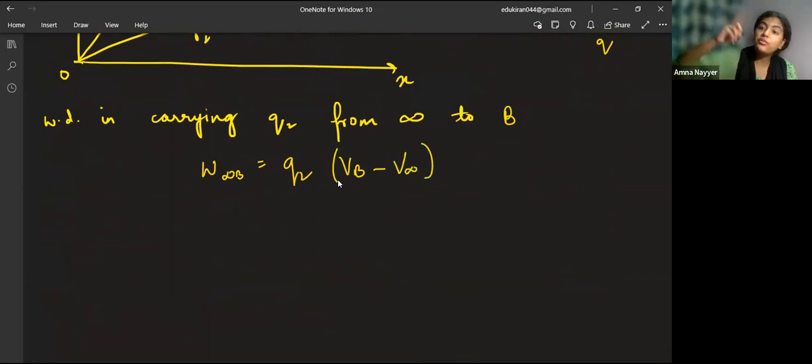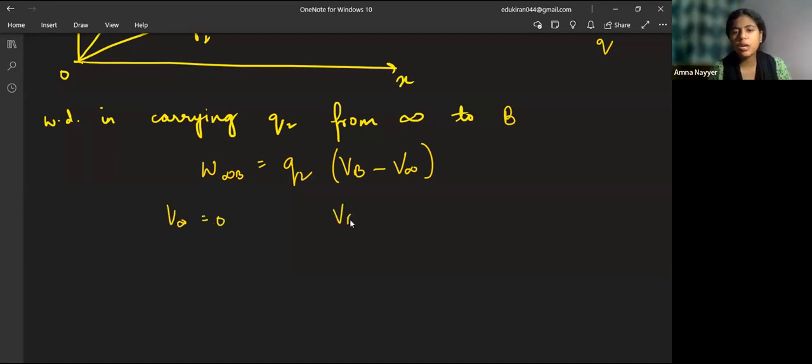So Q2 times (VB minus V infinity), right? Always remember, if your force is 0 at infinity, the potential will also be 0. You cannot define it there, so V infinity also becomes 0.